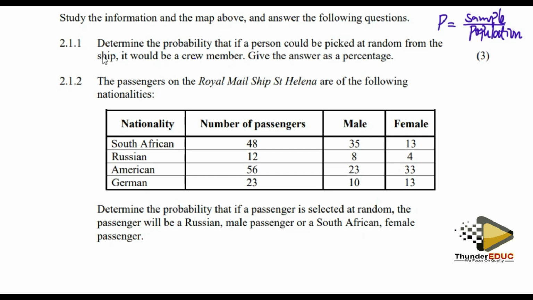Sample is the item you're going to pick. Now, when you look at this, if a person is picked at random from the ship it could be a crew member. So the sample is going to be the crew member. Then the population is going to be the total number of people who are there. So we shall look for the total number of people, which will equal 56, remember, plus 156.